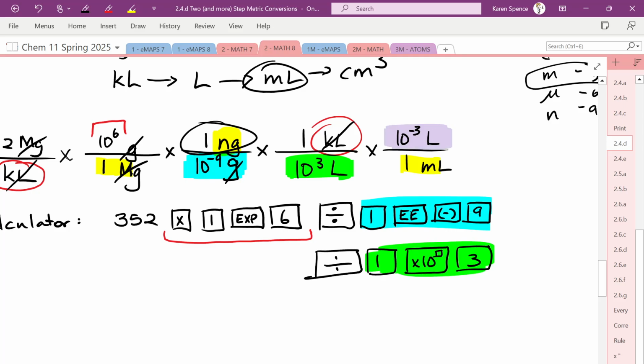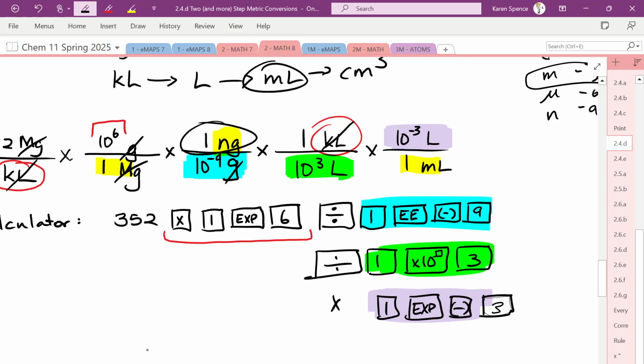Are we going to divide or multiply there? We're going to multiply by 1 times 10 to the negative 3. Okay, there we go.